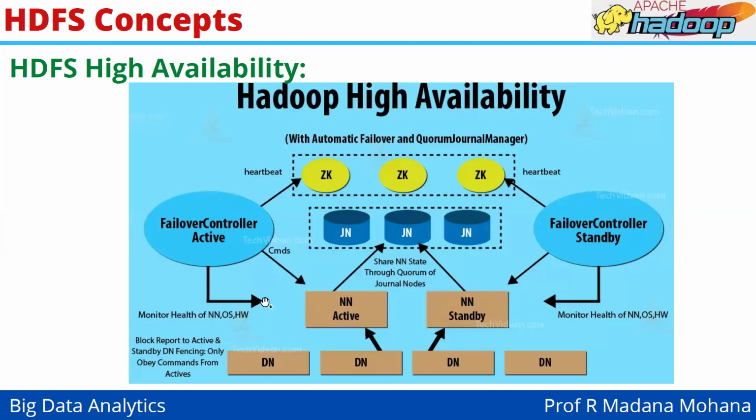So this is the overall interaction of the components included in high availability. Here also, the name node state is shared through a quorum of the journal nodes.